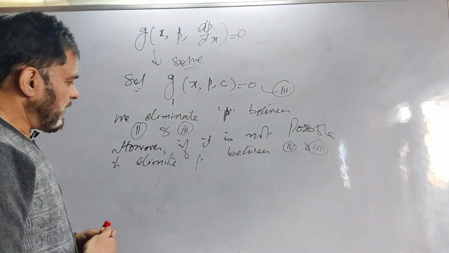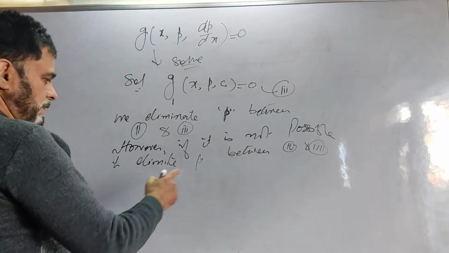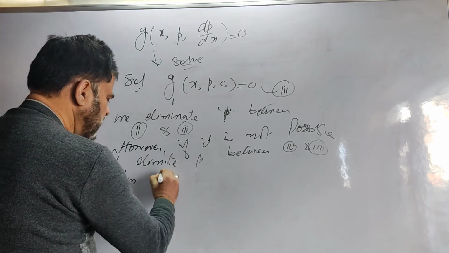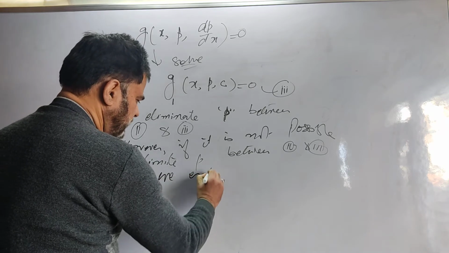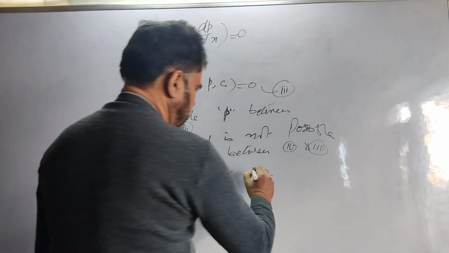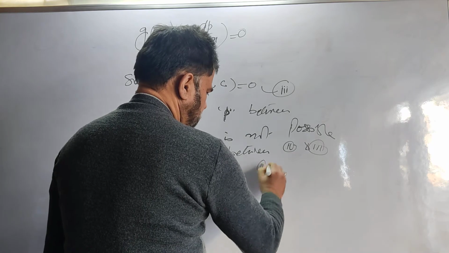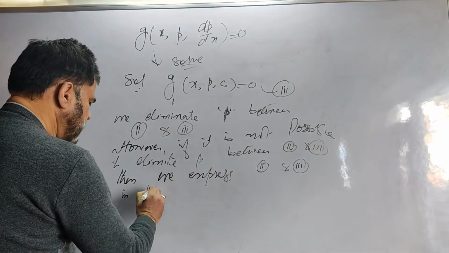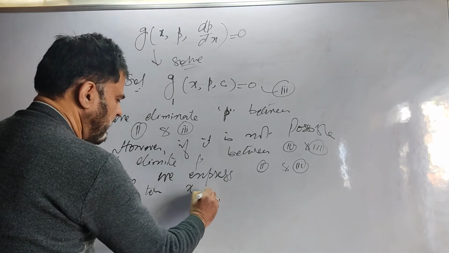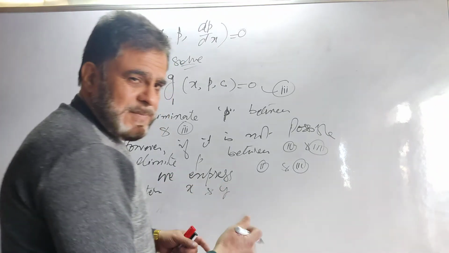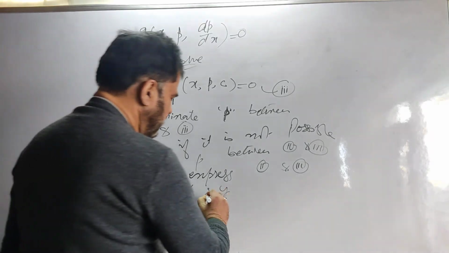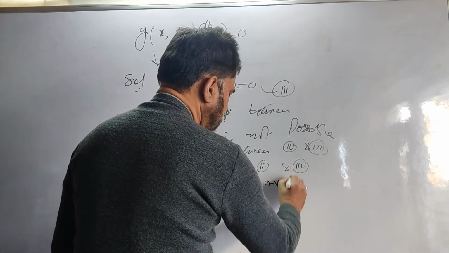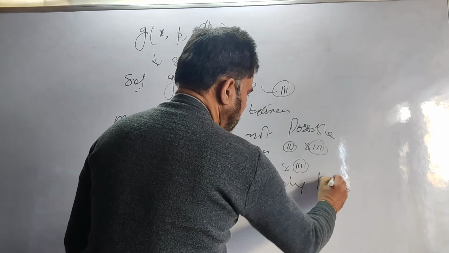If it is not possible to eliminate p between second and third, then what we do is we express x and y in terms of p and c.